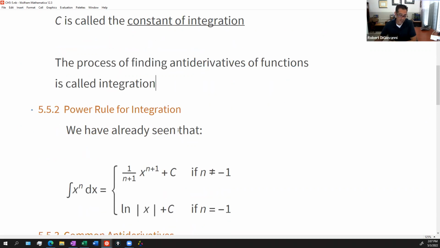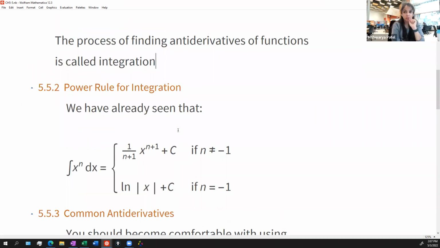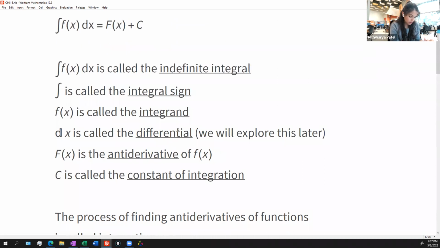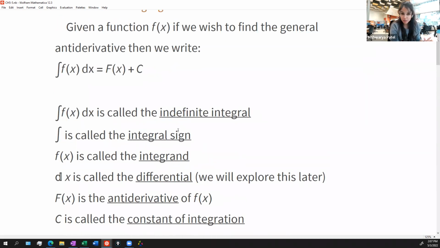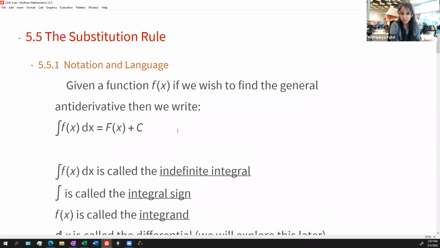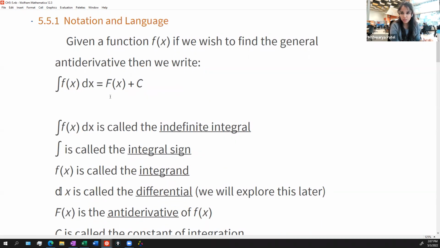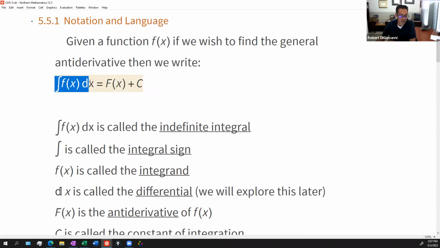So, what have we learned? Yes. Sorry. You said that the indefinite integral is the antiderivative, but then capital F of x is also the antiderivative. So can you say capital F of x is the indefinite integral? Well, this notation by itself, standing alone, would be called the indefinite integral. But your answer is equal to the antiderivative of the little function, right?